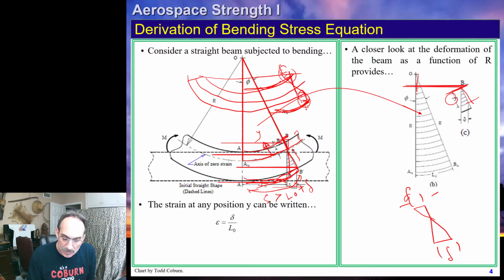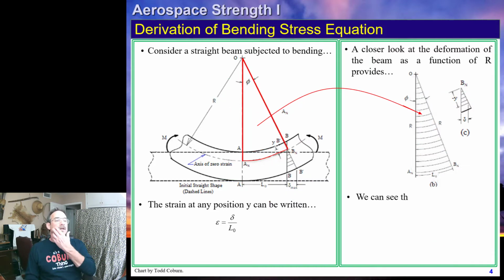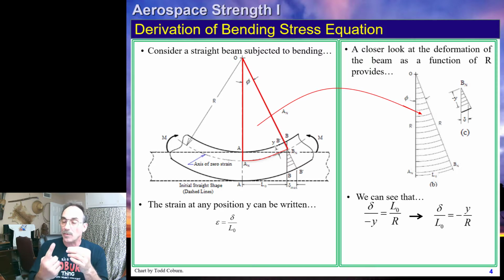And we're going to see in a moment there's a relationship between this triangle and this little triangle right here. Okay, so we're going to focus on that next. So we can see here that the deflection relative to the negative y, this is called negative y because remember y was assumed to be positive moving from the neutral surface toward the center of curvature.